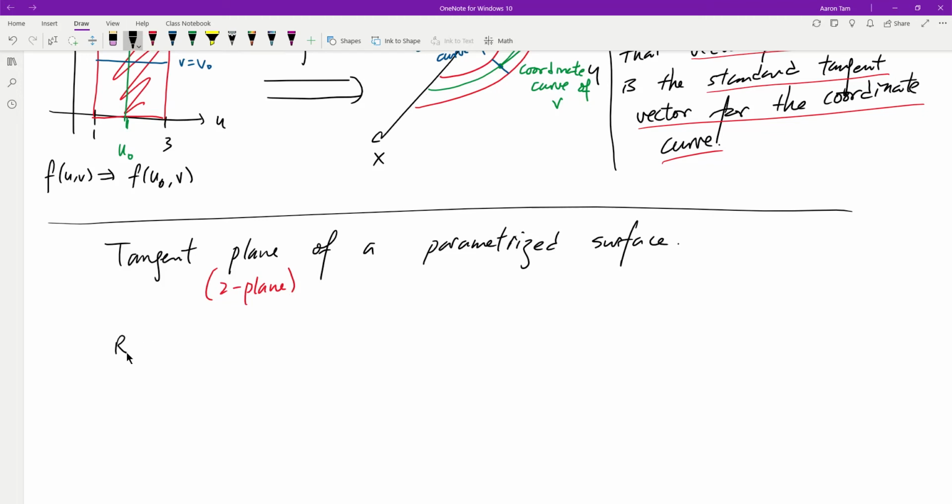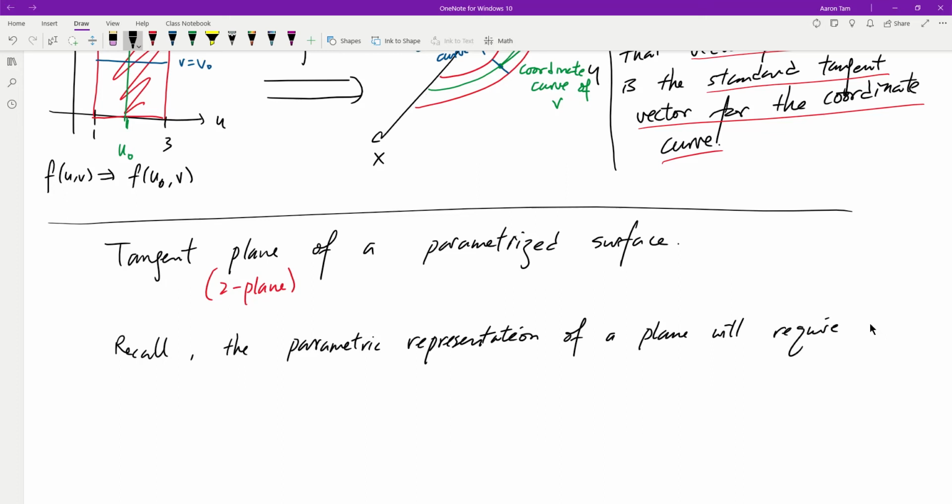So recall the parametric representation of a plane, based on what we learned in chapter 1, will require the following: two direction vectors and one position vector. Okay, so if we have both of those, then we'll be able to write a plane.